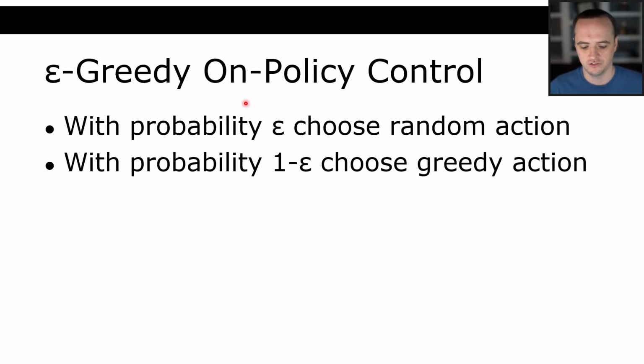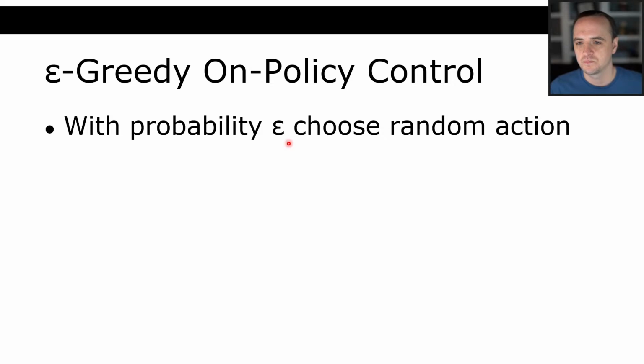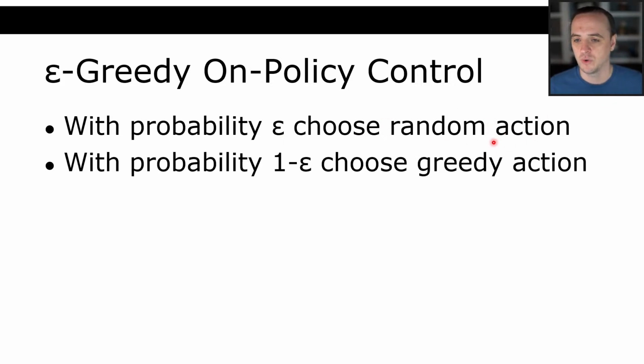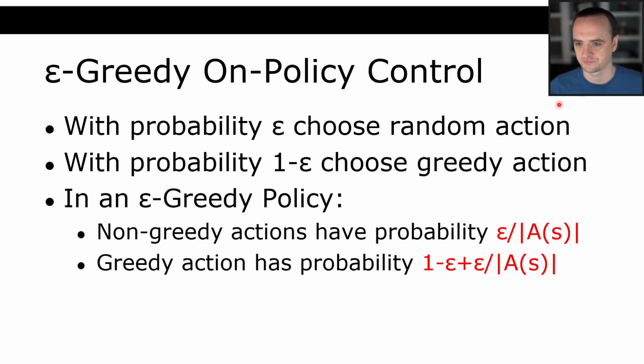That means that, let's say epsilon is 0.1. So with 10% probability, we choose a random action. That means that if we have a 10% chance to choose a random action, then we have a 90% chance, or 1 minus epsilon, to choose the greedy action.